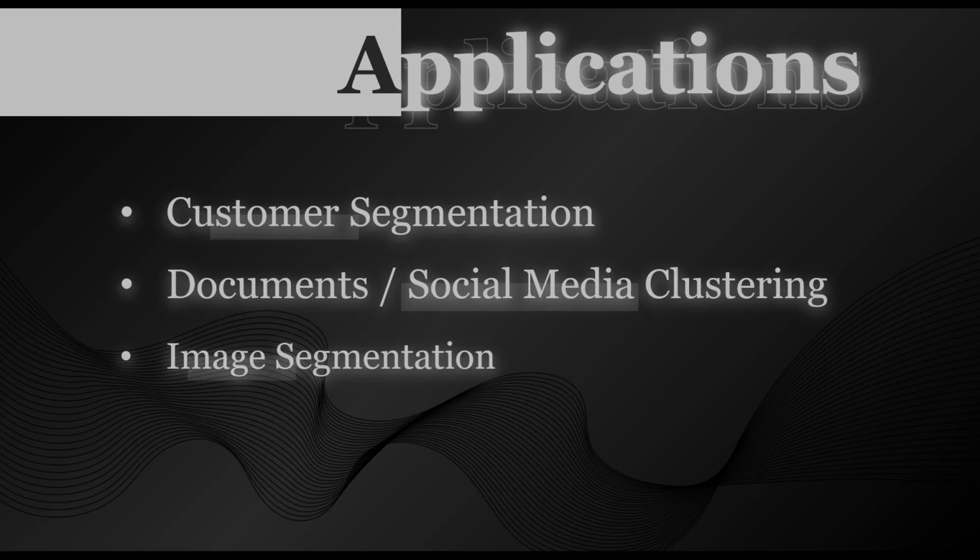After that, we can see image segmentation. Image segmentation is used in computer vision, and by that we can segment images into several segments and process them using computer vision algorithms or artificial intelligence.